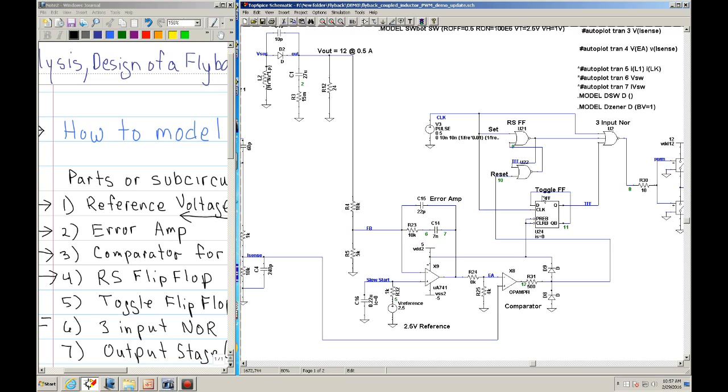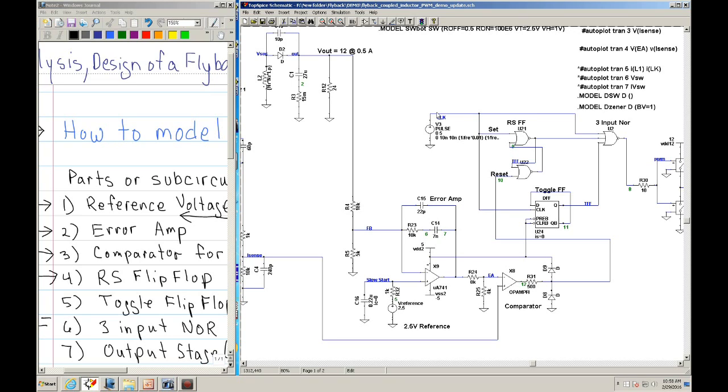If you notice, the toggle flip-flop is made out of a D flip-flop. The D is connected to your Q naught, and then your clear and preset, which is the PREB, are tied to VCC, which in this case is 5 volts. So the signal is actually the clock. Keep in mind that the clock is fed to 3 things.